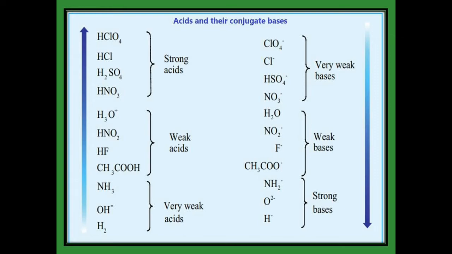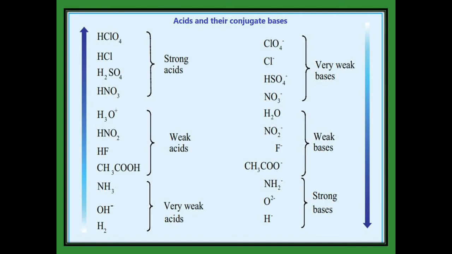So, as we saw in the previous slide, if the acid is strong then its conjugate base is a weak base, and if the acid is weak then its conjugate base is a strong base. Based on this, this slide is given. Refer to this slide.